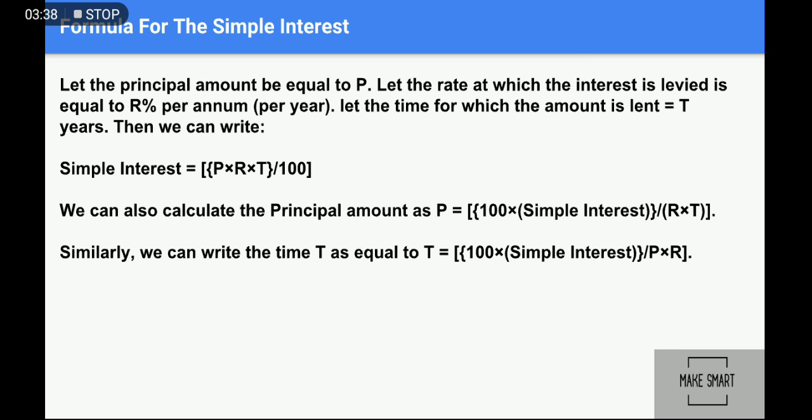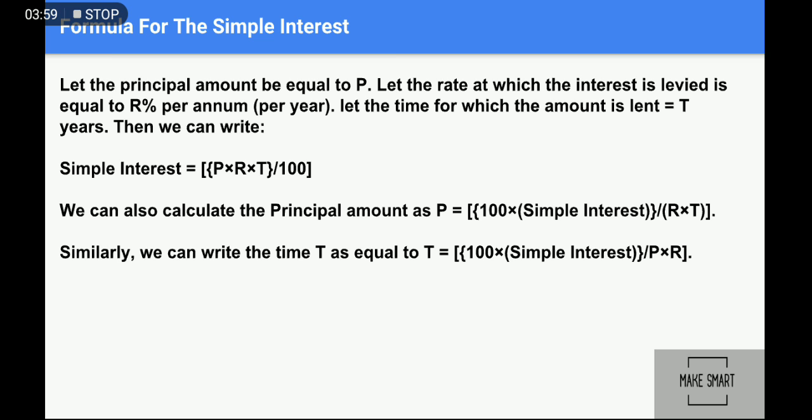In simple interest questions, sometimes principal, rate of interest and time are given and you calculate simple interest. Sometimes simple interest, rate of interest and time are given and you find the principal, sometimes the rate of interest, sometimes the time.